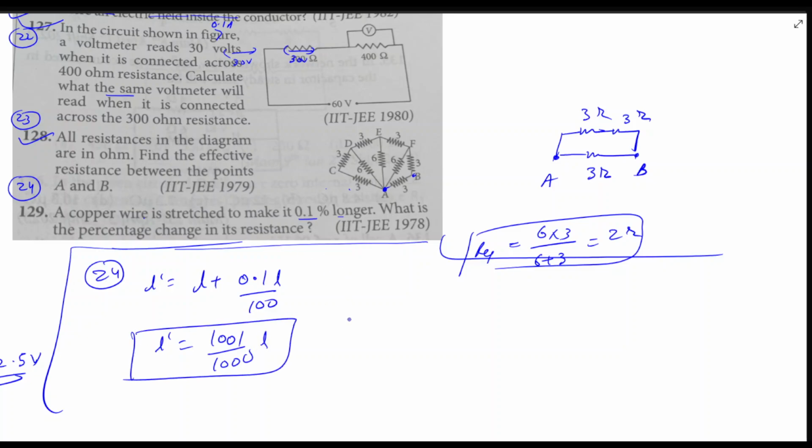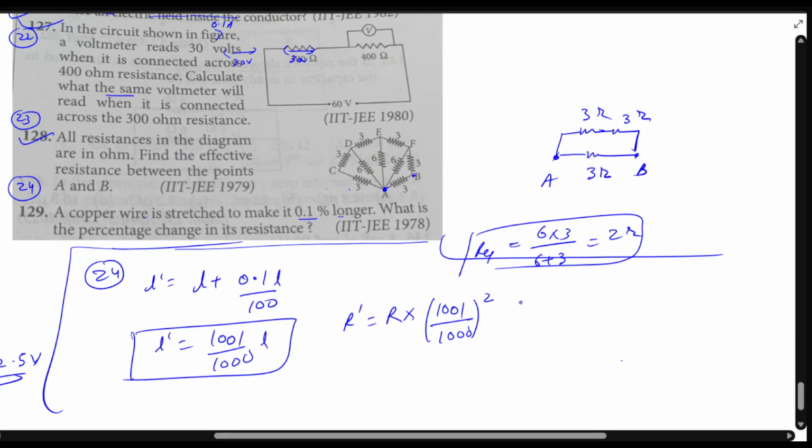So we know if it is stretched, the new resistance will be equal to original resistance times the square of this. So it is 1001 upon 1000 squared, right? Why? Because if the length is increased, then area must decrease by the same proportion. So it will always come out to be square. So we'll just solve it.